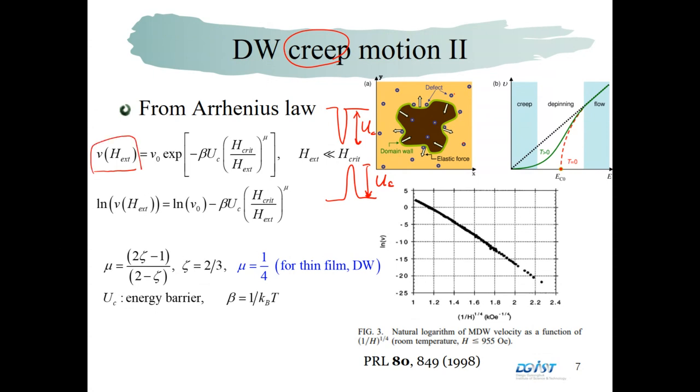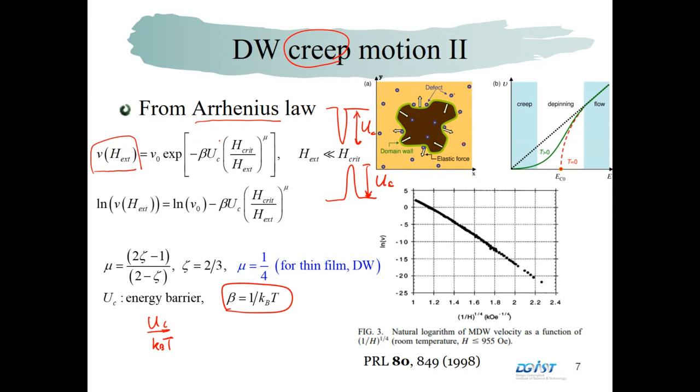That came from the Arrhenius law. Here beta is 1 over kBT. So U_C over kBT means the competition between the energy barrier and the thermal energy.